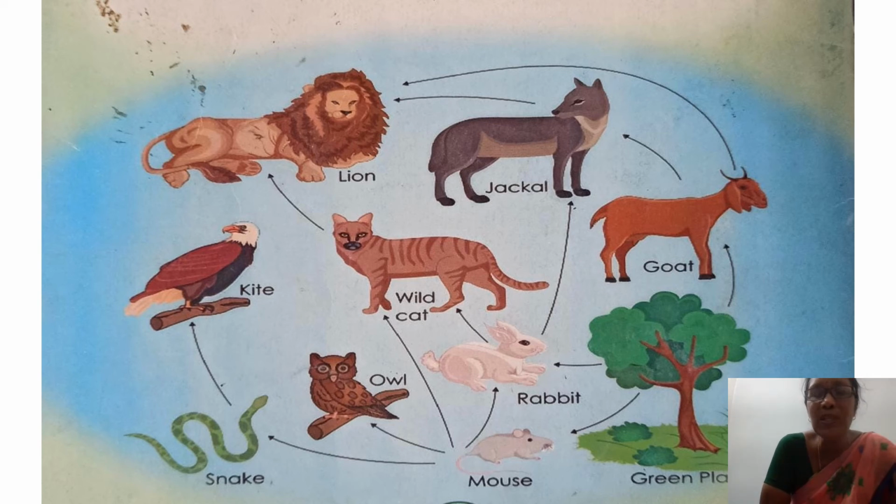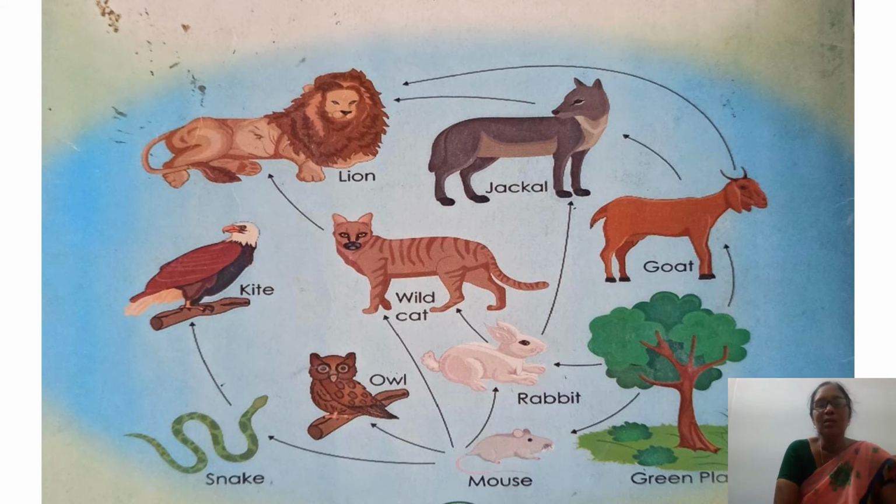So when one animal eats another animal, that way population is balanced. That way balance in nature happens. That's about nature.